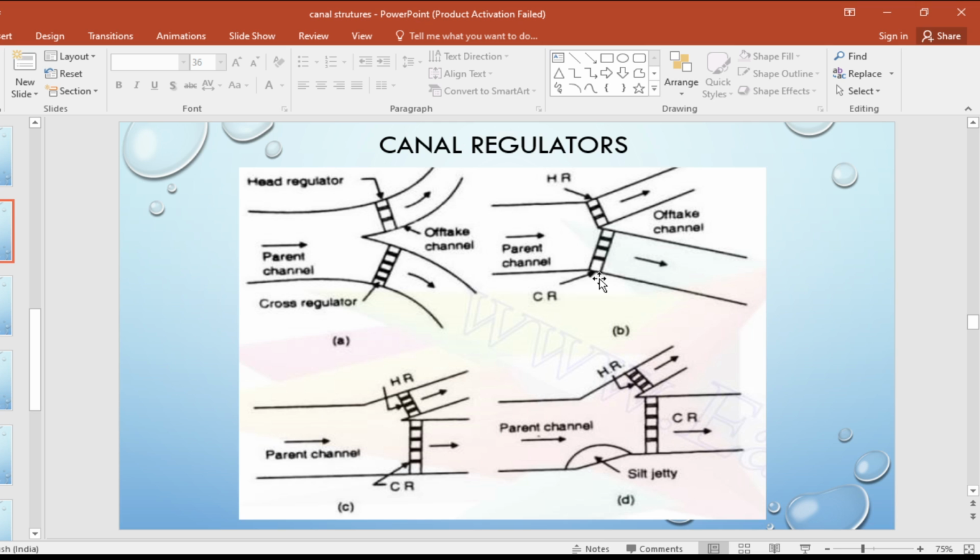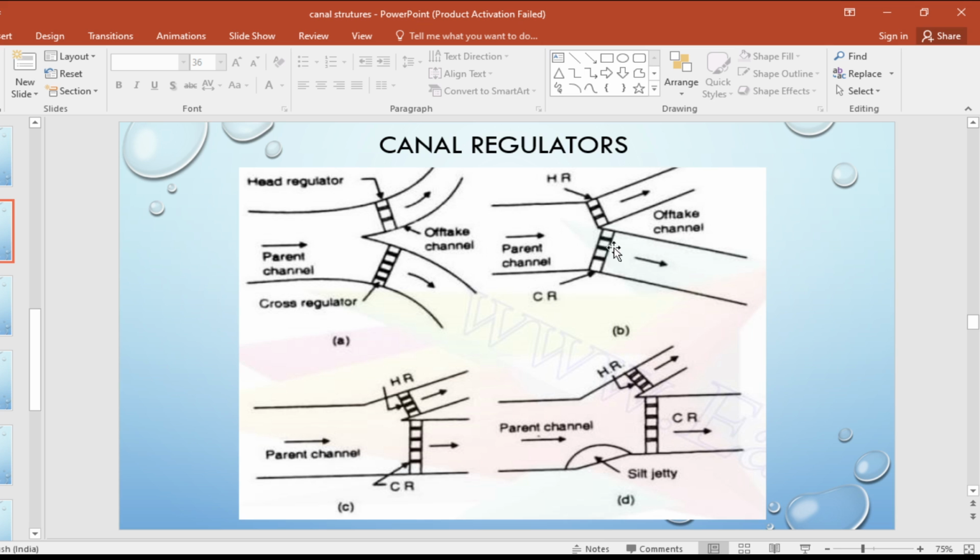A transition curve, here also a transition curve we have to design. Now if the transition curve is not given, both the channels, that is the parent channel and the offtake channel or the distributing channel, should make an angle with the alignment of the parent channel upstream of the offtake.